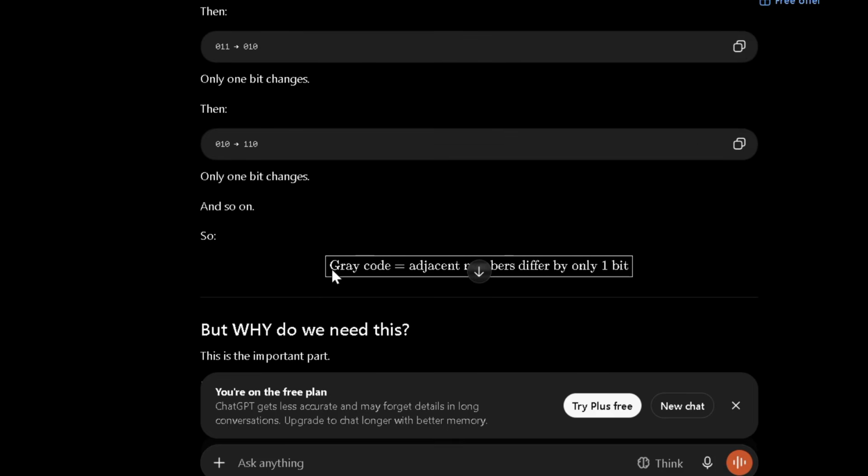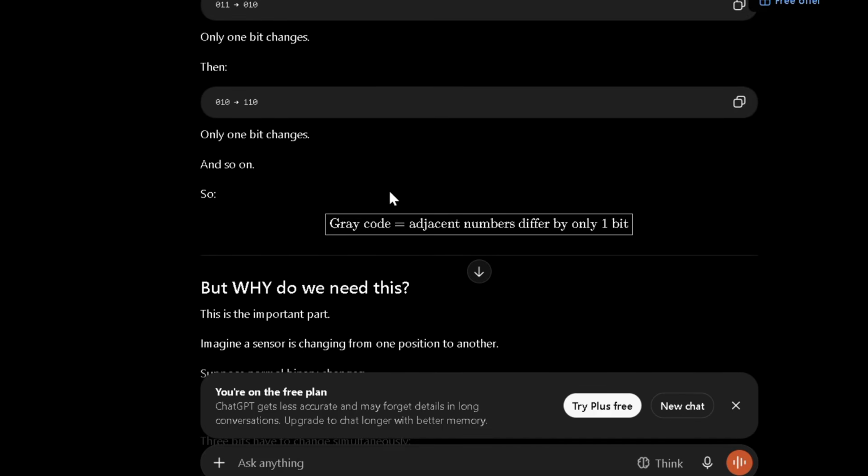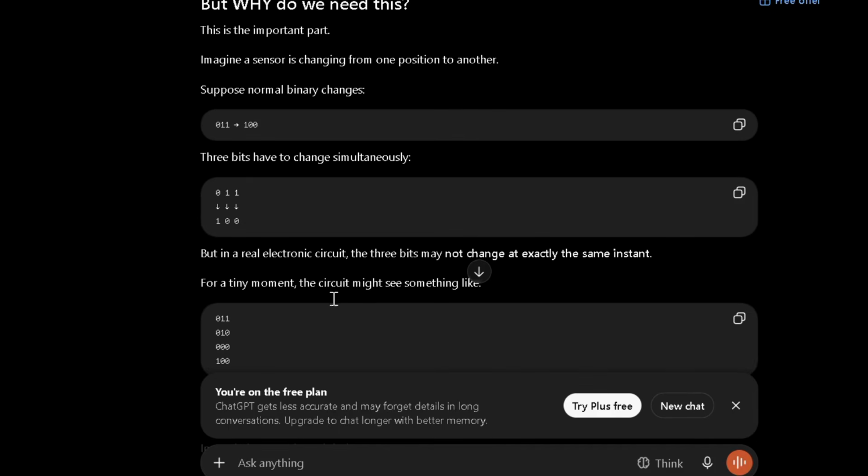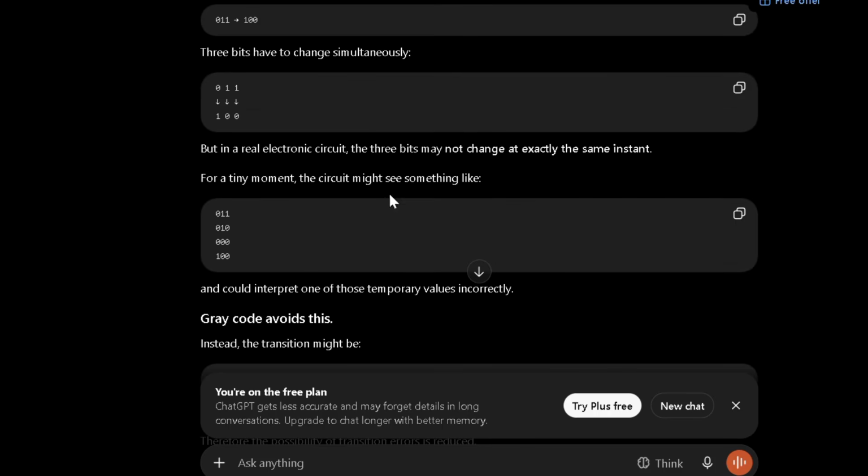But why do we need this? This is the important part. Imagine a sensor is changing from one position to another. Suppose normal binary changes 011 to 100. Three bits have to change simultaneously. But in a real electronic circuit, the three bits may not change at exactly the same instant.